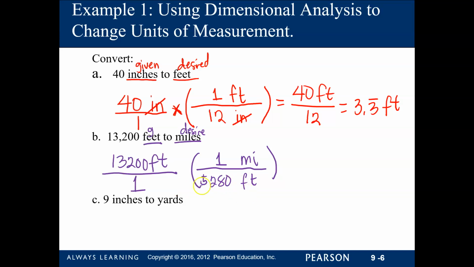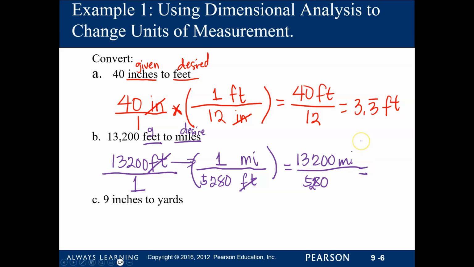If you multiply this, feet divided by feet is going to be gone. You're only left with miles. So you multiply across: 13,200 miles divided by 5,280 feet, nothing more, 5,280.